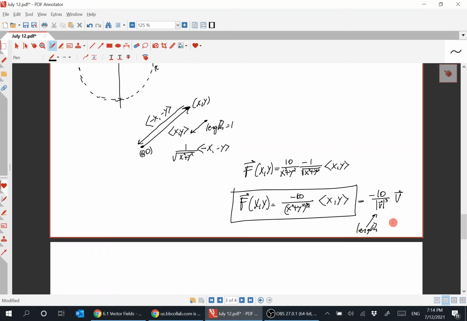The length of that, of course, is 10 over the length of v squared. What kind of vector field looks like that? You all know it. What type of vector field has force inversely proportional to distance squared?